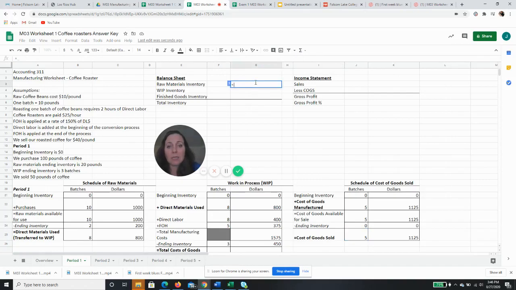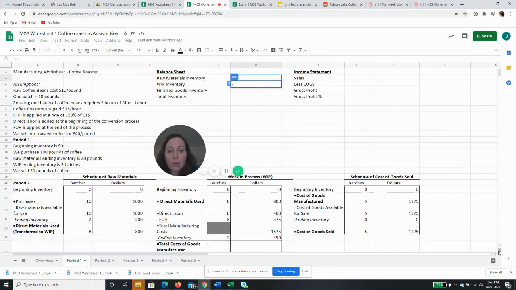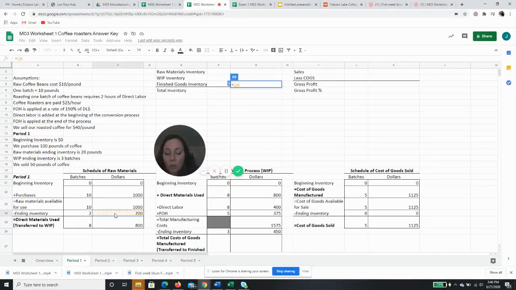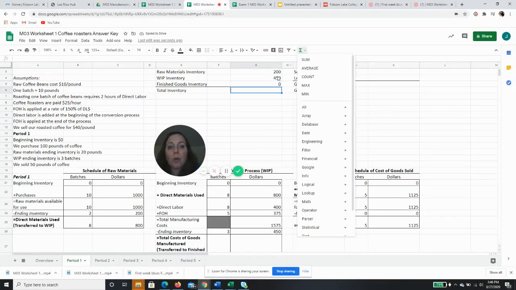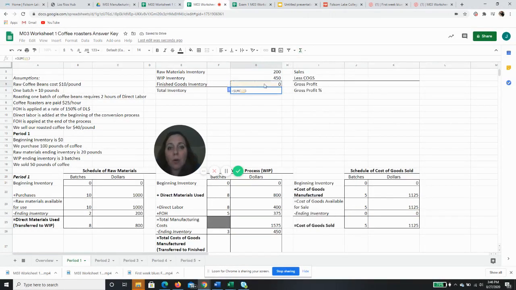So I can very easily say my raw materials ending inventory is $200. My WIP ending inventory is $450, and my finished goods ending inventory is 0. So the total inventory that I am going to report on my balance sheet this period is $650.